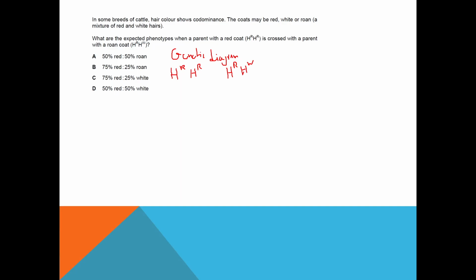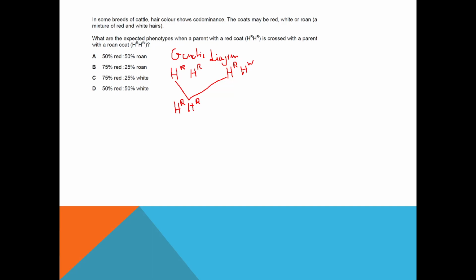Alright, so basically in a genetic diagram we have to match each allele with the two alleles of the other parent. So if we start from here, HR, let's match it with the first allele of the partner, and that will give us HR, HR. Okay, so this HR is from the father, the other HR from the mother.